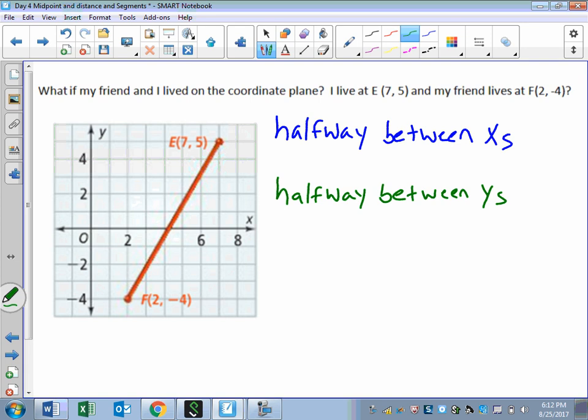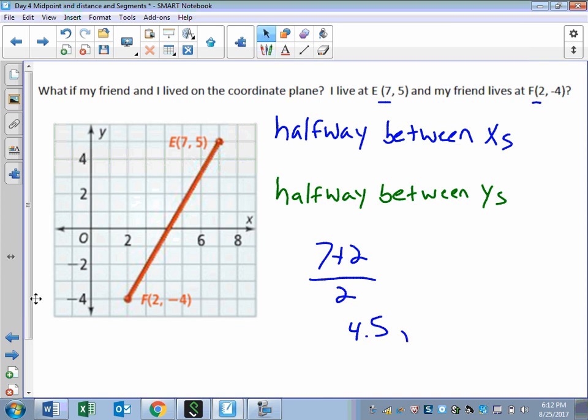Now to do that, really all you have to do is add the points and divide by 2. So we got the x coordinates, 7 and 2. Halfway between them would be 7 plus 2 divided by 2, which would be 9 divided by 2, which would be 4.5.